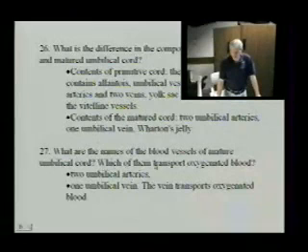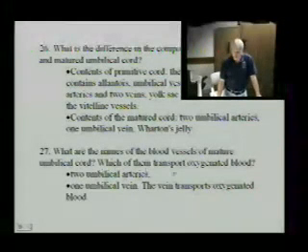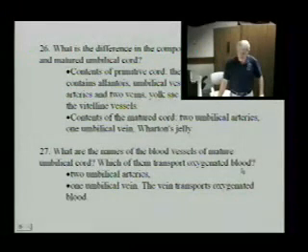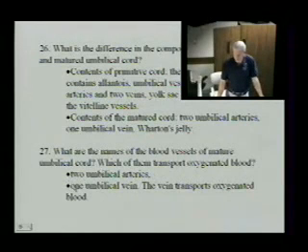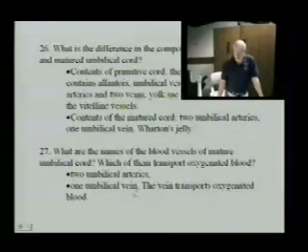So what are the names of the blood vessels of the mature umbilical cord, and which of them transport oxygenated blood? So there are the 2 umbilical arteries and the single unpaired umbilical vein, and the vein transports the oxygenated blood. So this is where I threw myself off in that illustration a few lectures back.